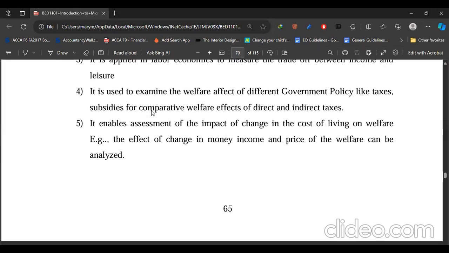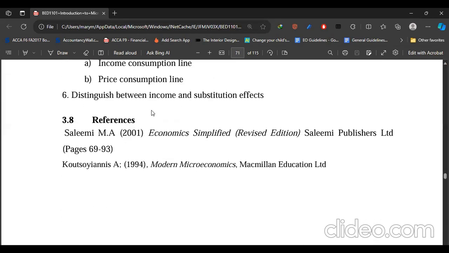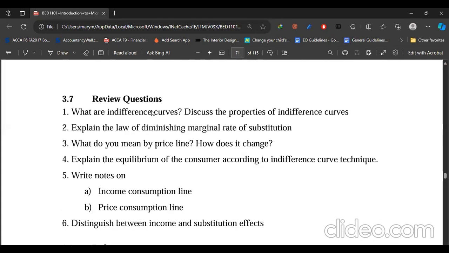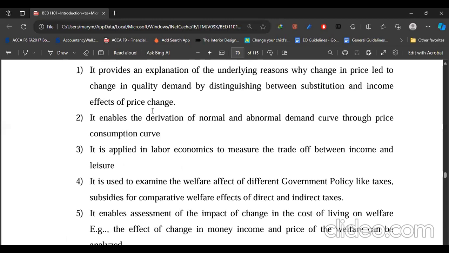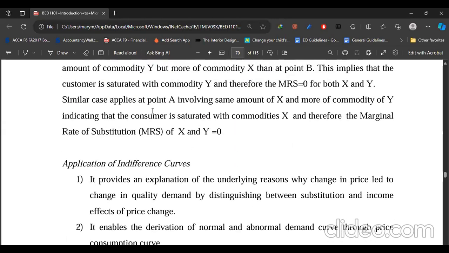For example, the effect of a change in money income and price on welfare can be analyzed as indicated above. That is what you just need to get from the theory of consumer behavior, or from the theory of consumer surplus, as indicated in your syllabus.